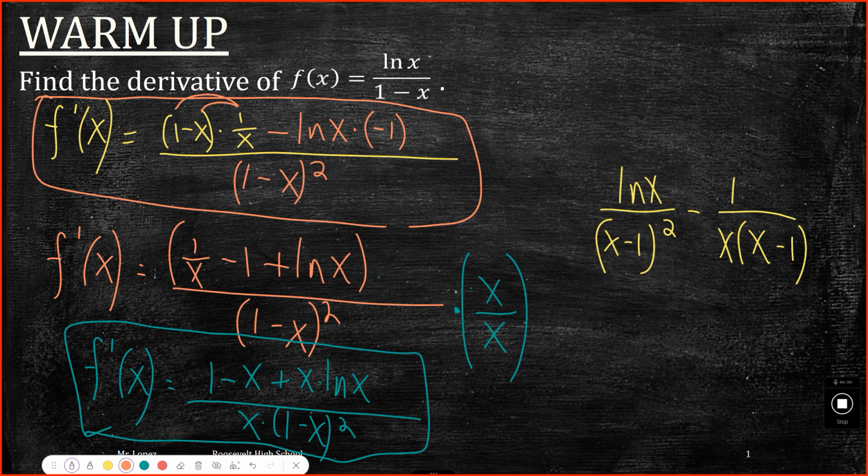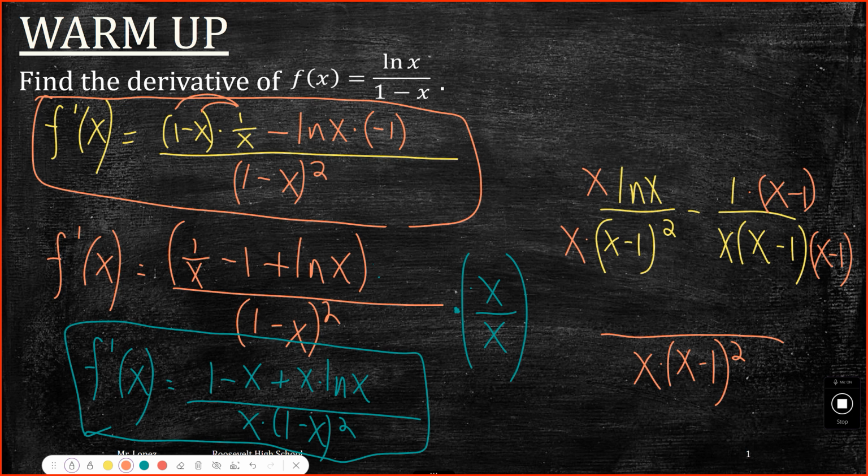We need a common denominator here, no? So how many x minus 1s are there here? 2 of them. And how many are there here? 1. So you can go ahead and do x minus 1 times x minus 1 on top and bottom. And now you got your x minus 1 squared, but that one has an extra x, no? So then you put an x here. Now we have a common denominator, so you can have x times x minus 1 squared.